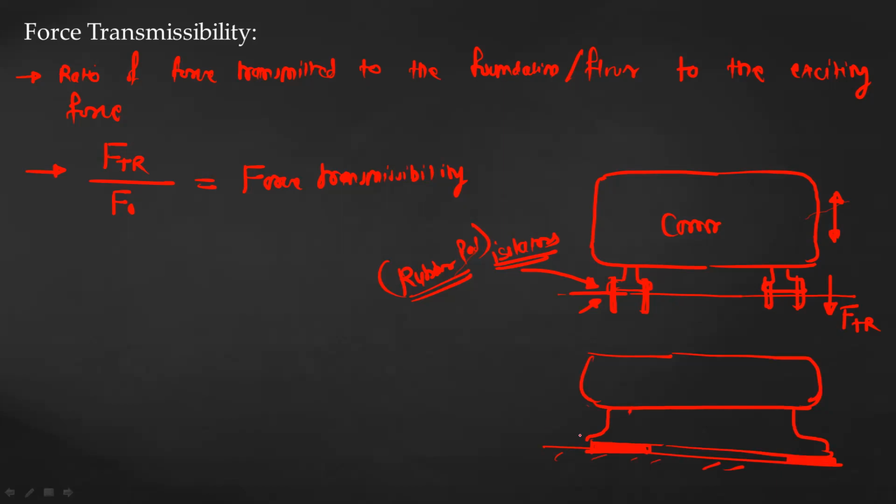These are nothing but the isolators. In order to design such isolators, we need this equation. This is called the force transmissibility, FTR upon F0. This is the force transmissibility equation.